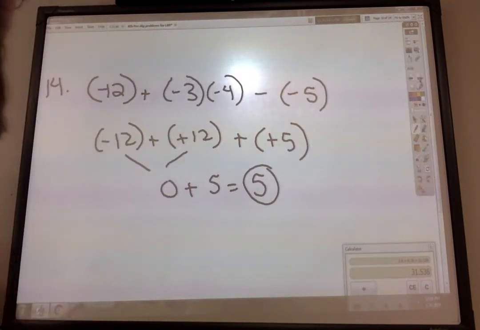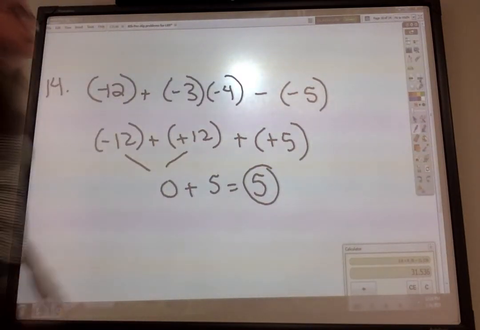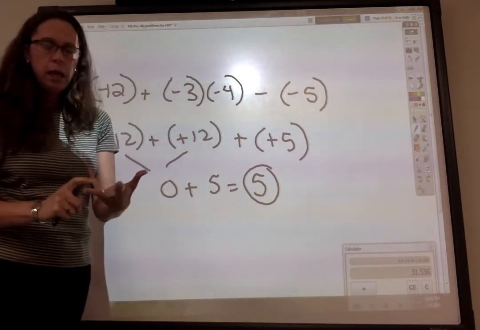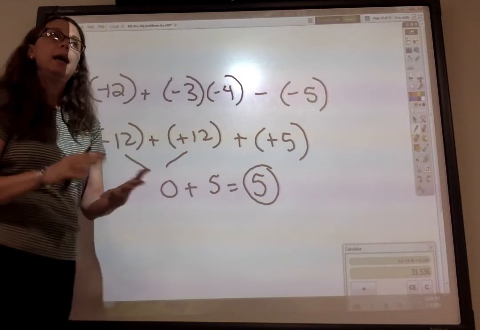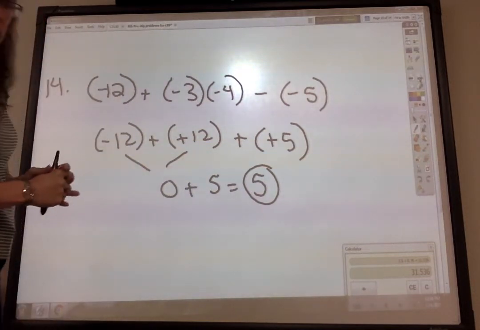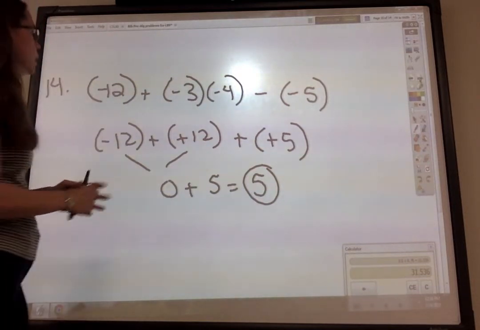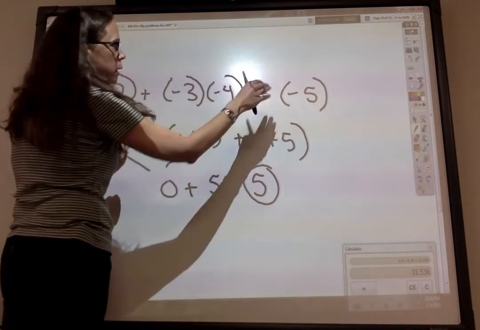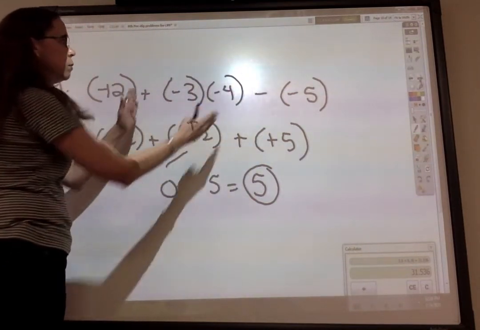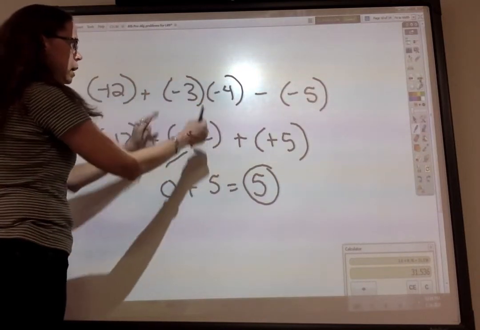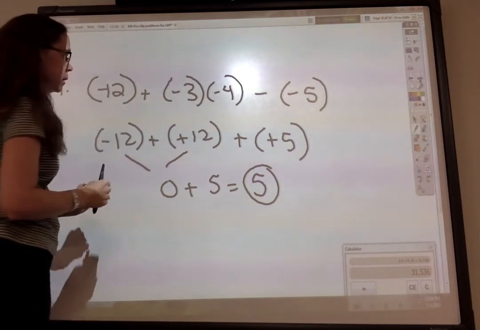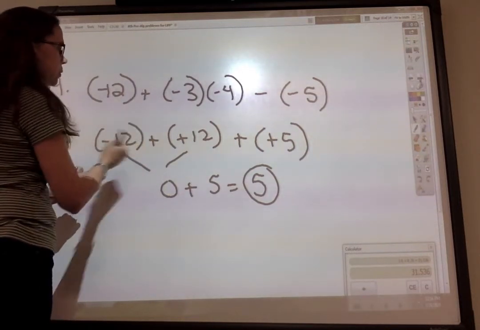Number 14 is a problem where we have to know our rules for signed numbers, multiplying them, and combining signed numbers and order of operations. Negative 12 plus negative 3 times negative 4 minus a negative 5. The first thing I did was multiplication. I multiplied negative 3 and negative 4, and I got positive 12. This is already addition here, so that's fine.